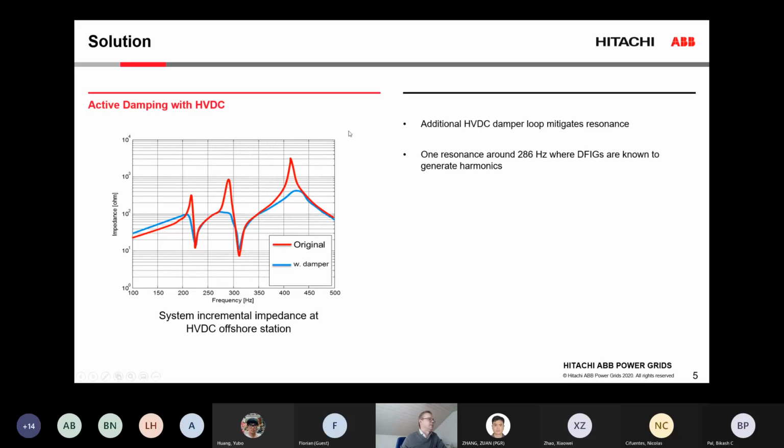We were able to design some damping that could reshape the impedance curve, so that instead of having the original red impedance curves, we could shave off the peaks of these resonances. The same harmonic injection that was catastrophic without the damper is more or less completely harmless when the damper is activated.